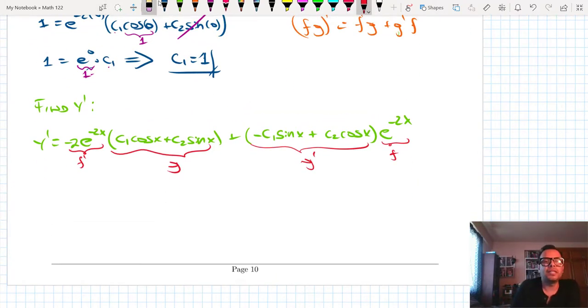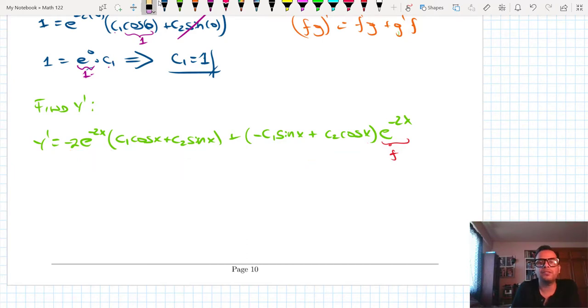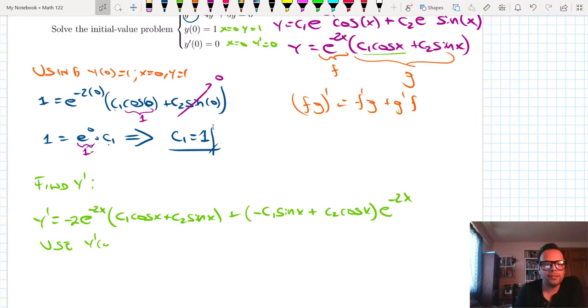Okay, let me erase this so I have enough space for the rest of the calculations. So now let's use y prime of 0 equals 1, which means that when x equals 0, y prime equals 1.